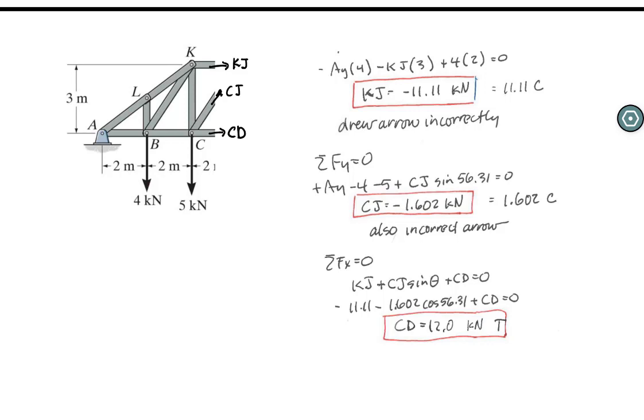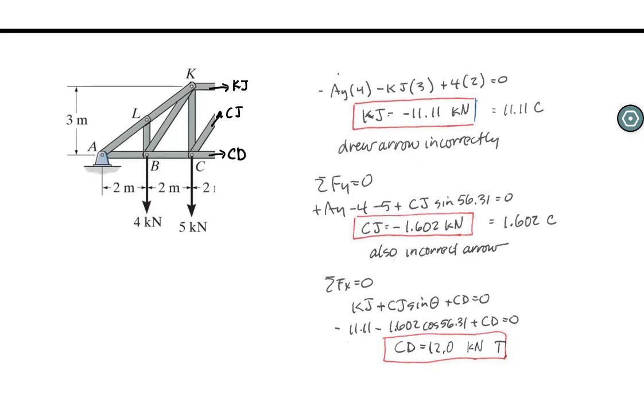All I have to do is sum the moments about some point, or the forces about some point. Let me say this is the sum of the moments about C equals 0. Looks like I cut my answers off there. If I sum the moments about C, CJ goes through C, CD goes through C, and the 5 goes through C. So I have AY, which I should draw over there.